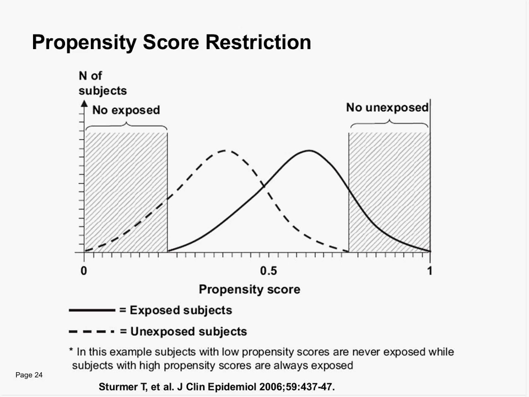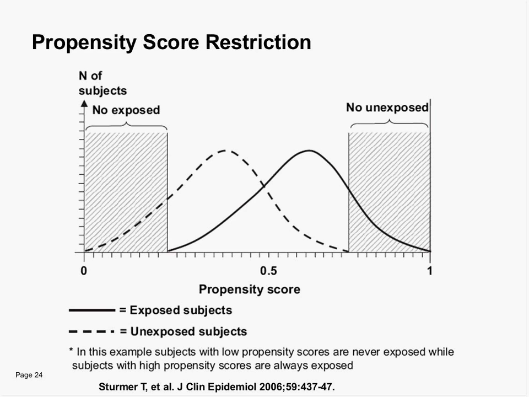All right, into some other uses of the propensity score. Restriction on the propensity score is always a valuable method, especially when you have a distribution like this where there's a range of subjects at the high end of the propensity score where nobody's unexposed.